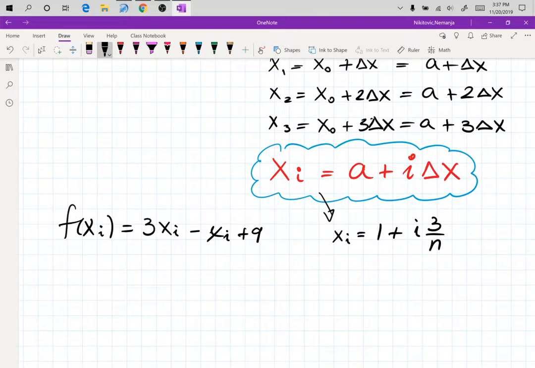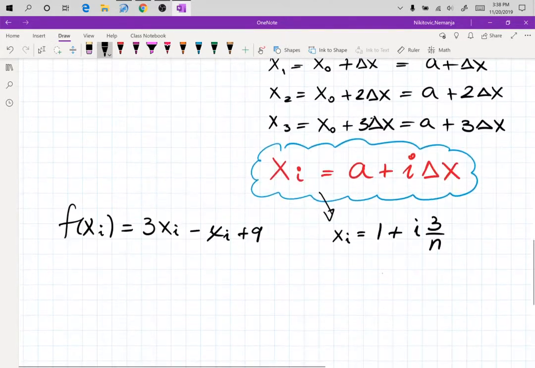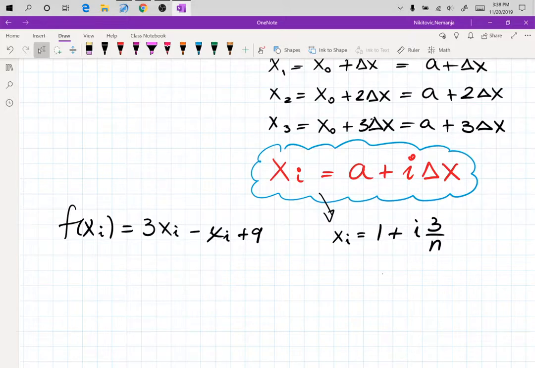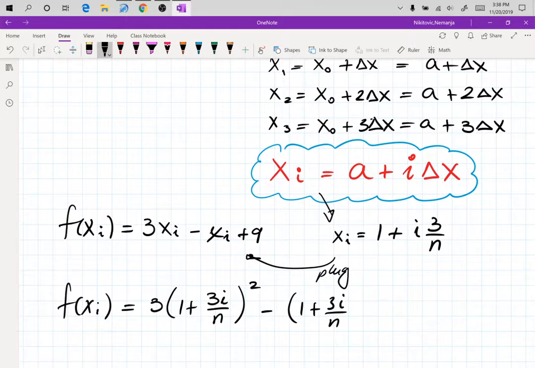Your a is 1, because your interval is 1 to 4. You know your delta x was calculated earlier as 3 over n. So you'll plug that in, and now you will take these and plug over there to create f of xi as a function. So that's 3 times (1 plus 3i over n) squared minus (1 plus 3i over n) plus 9.